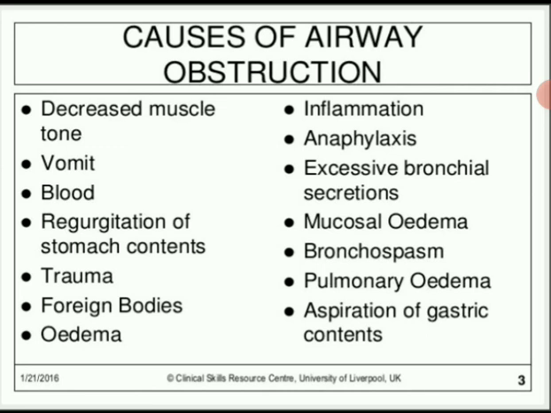The main causes of airway obstruction are decreased muscle tone, vomit, blood, regurgitation of stomach contents, trauma, foreign bodies, and edema. Inflammation means any redness or swelling in the airway. Anaphylaxis means anaphylactic or hypersensitivity reactions, excessive bronchial secretions and mucosal edema. And after that, bronchospasm, pulmonary edema, and aspiration of gastric contents.